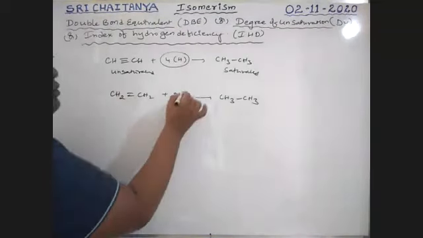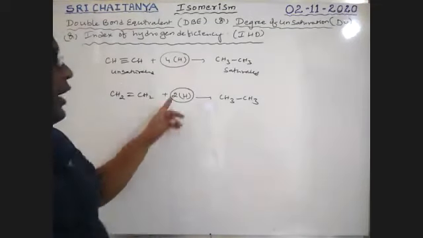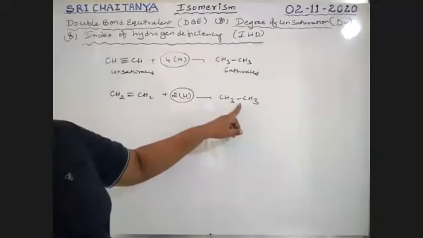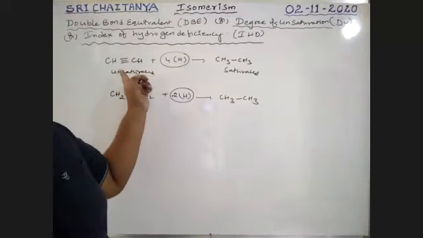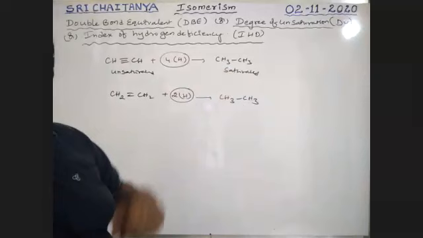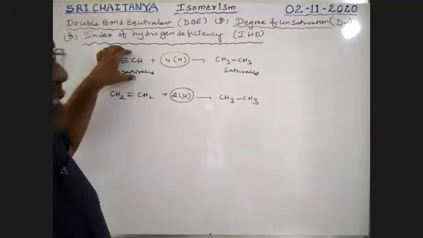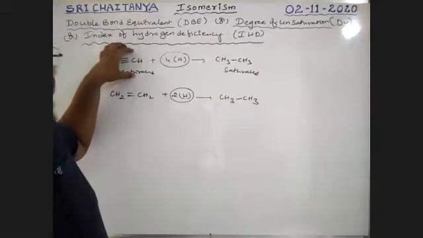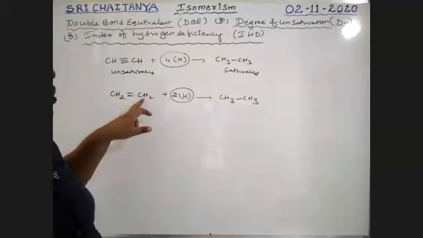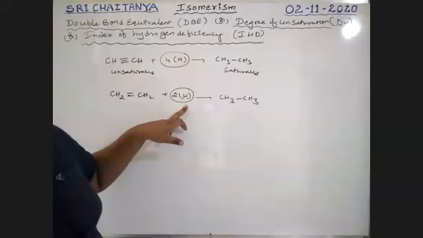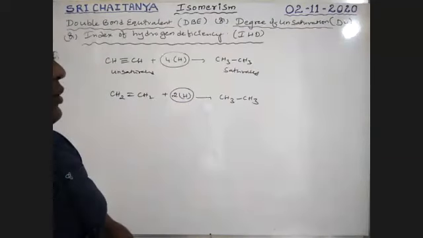So here 2 hydrogens are required. That means here 2 hydrogens are deficient to convert into the respective saturated compound. In the first case, 4 hydrogens are deficient. Here 2 hydrogens are deficient. Okay.